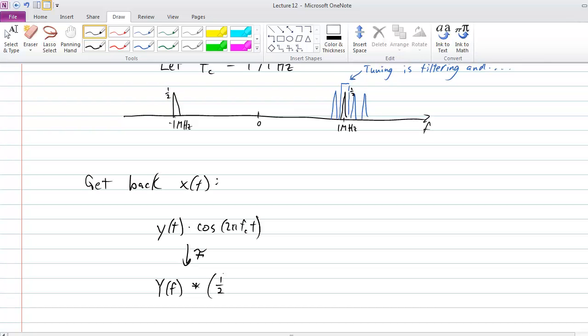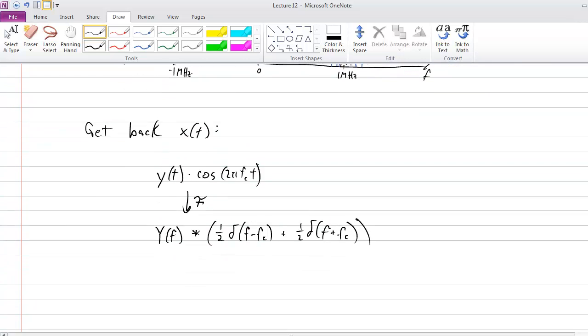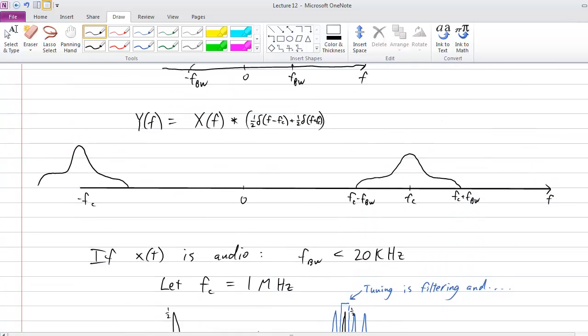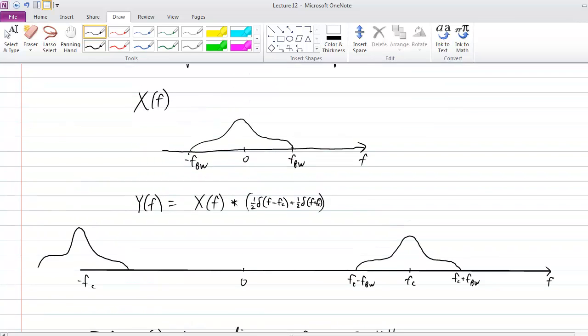Okay, 1/2 delta of f minus fc plus 1/2 delta of f plus fc. All right, well, what that means is, let's go back up to this plot. So this is y.